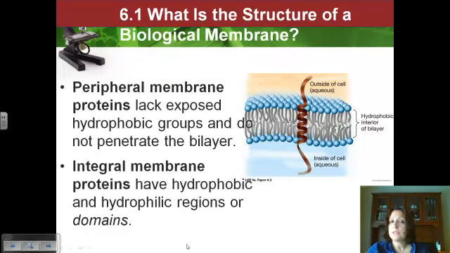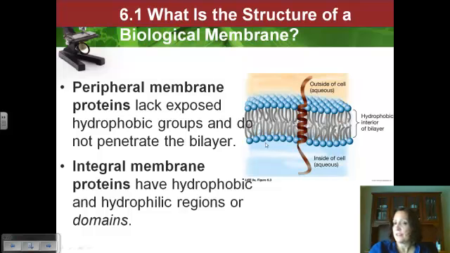Okay, the proteins that are embedded in the membrane or that are associated with the membrane can be embedded, or they may just be associated with the phospholipid heads. So if they do not have hydrophobic groups, then they will not span the membrane. They would just be attached to the surface of the cell membrane.